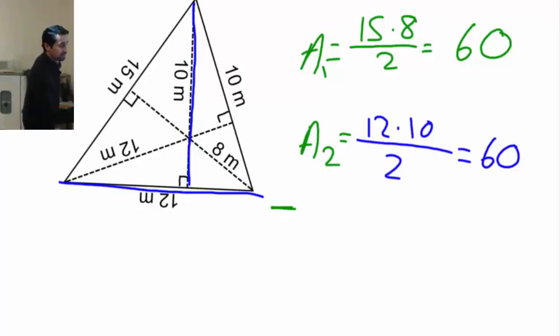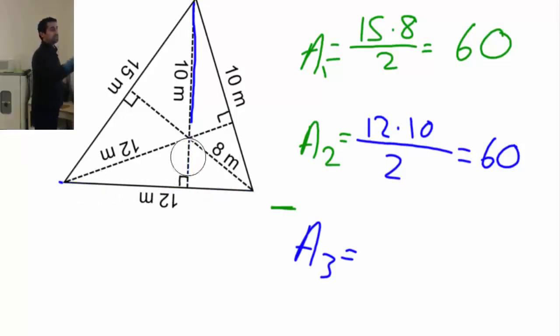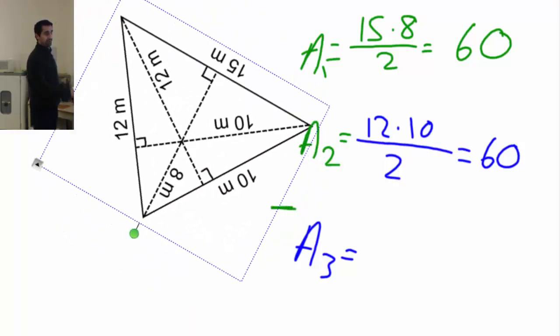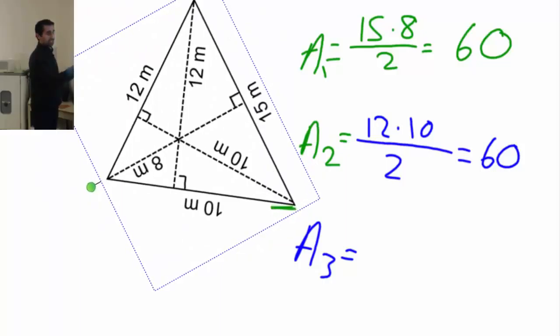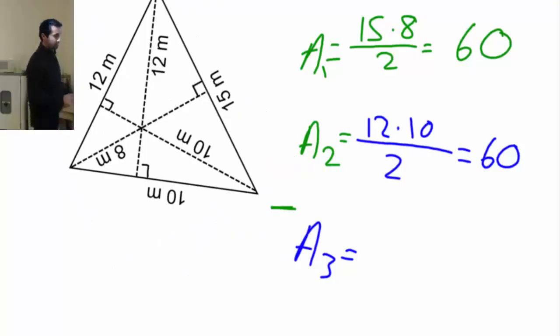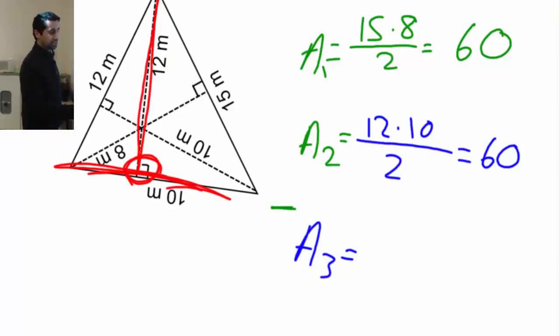So how about area number 3? There is one more different method we can try to calculate the area of this triangle. If I choose that as the base, now this is the base, there is the 90 degree, and this is the height, which is 10 times 12 divided by 2.